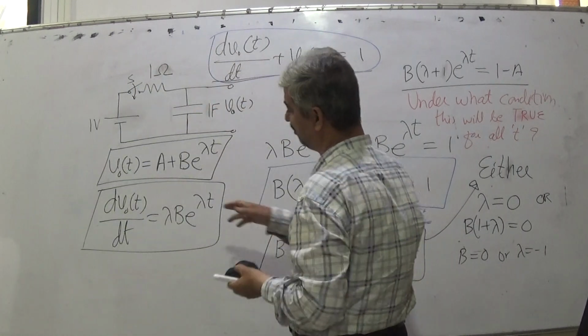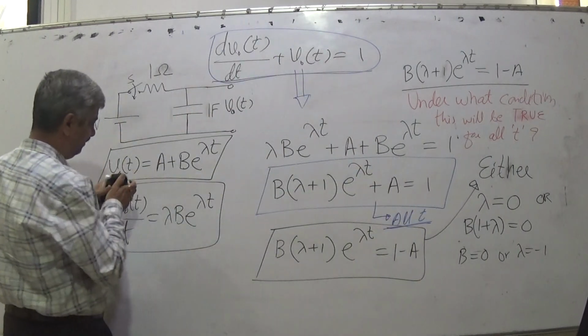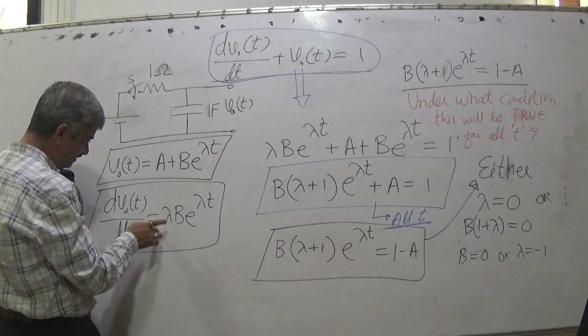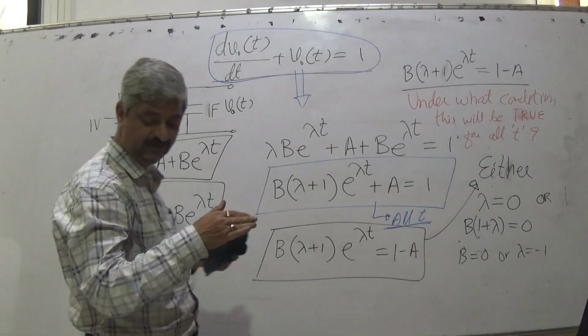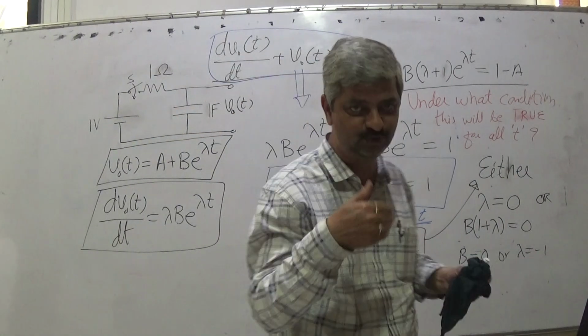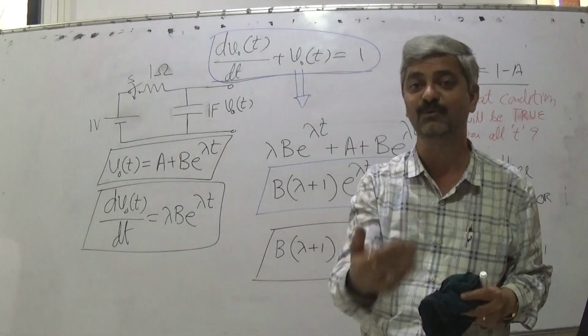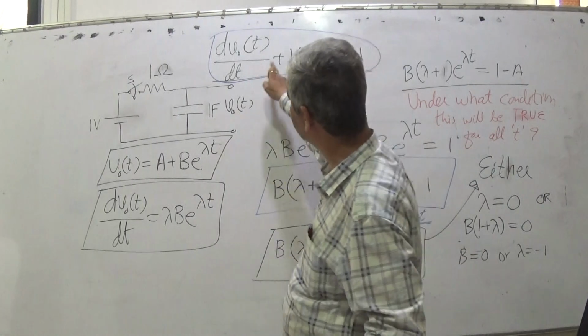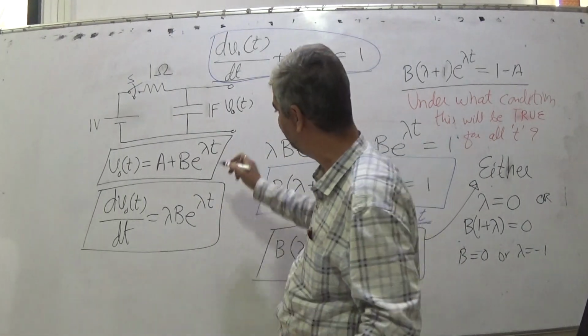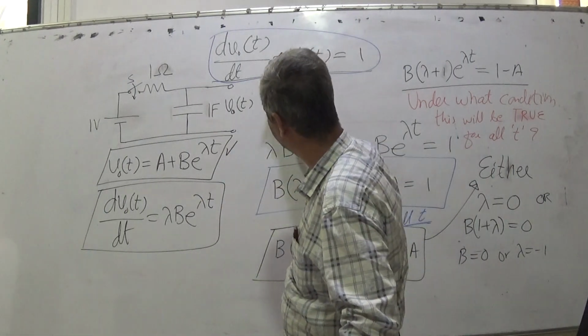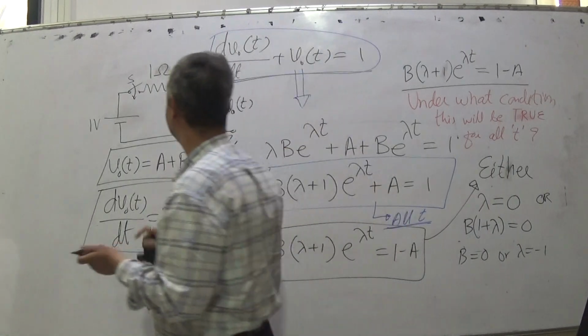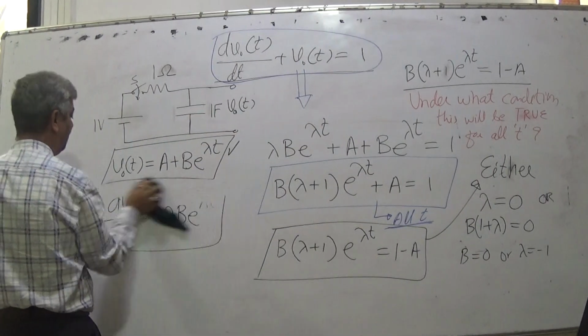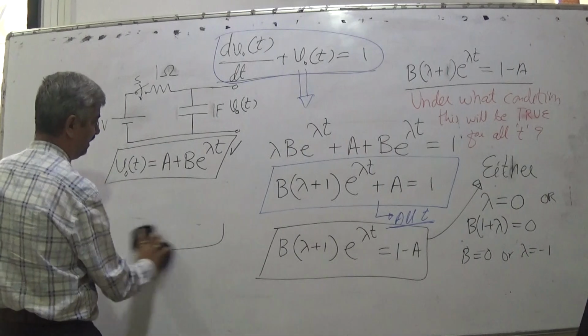Therefore, instead of differentiating this immediately, we proceed towards the solution in a smarter way. What I said is that the solution to this differential equation is of this type: V0(t) is equal to A plus B e raised to lambda t.